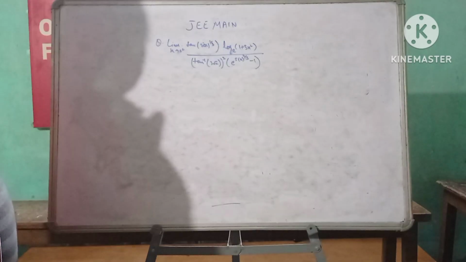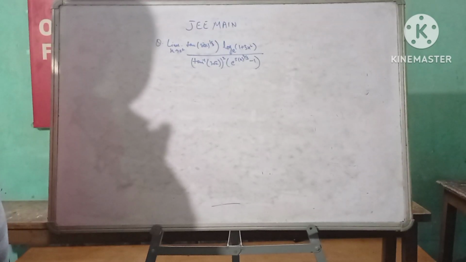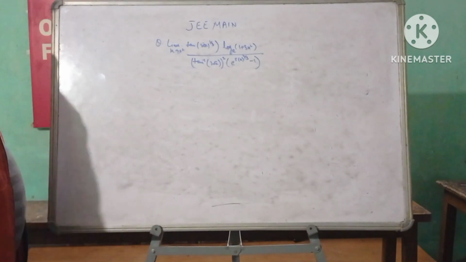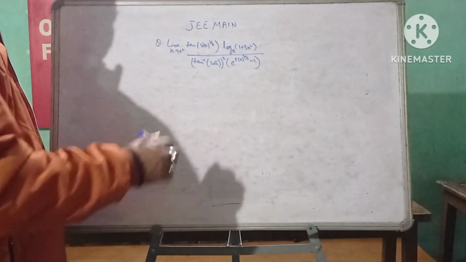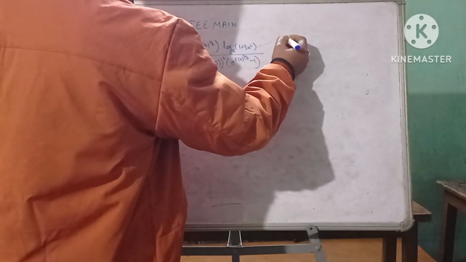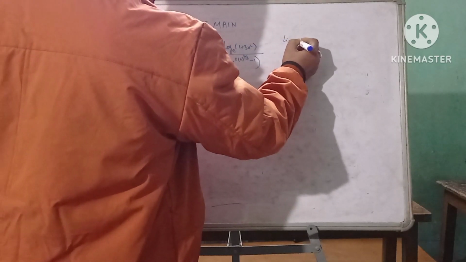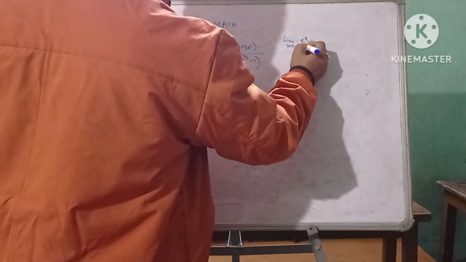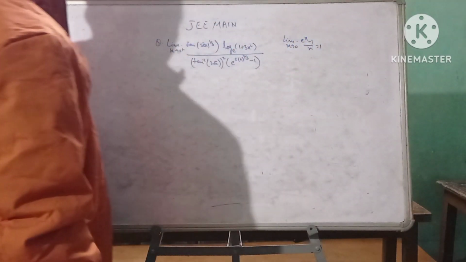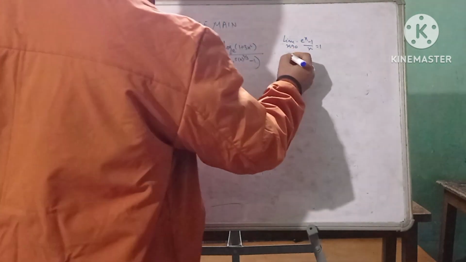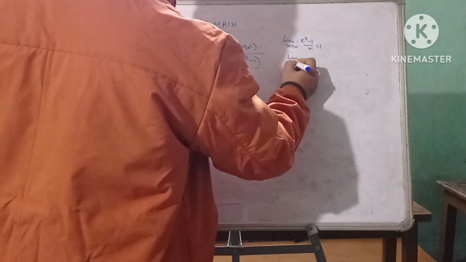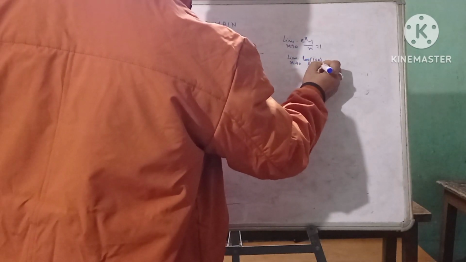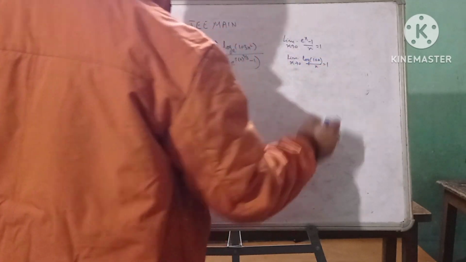Now this is another question here, which we have to solve. This is an interesting question because four types of formulas are used. First is the limit as x tends to 0 of (e to the power of x minus 1) by x is equal to 1. The next formula is the limit as x tends to 0 of log(1 plus x) by x is equal to 1.